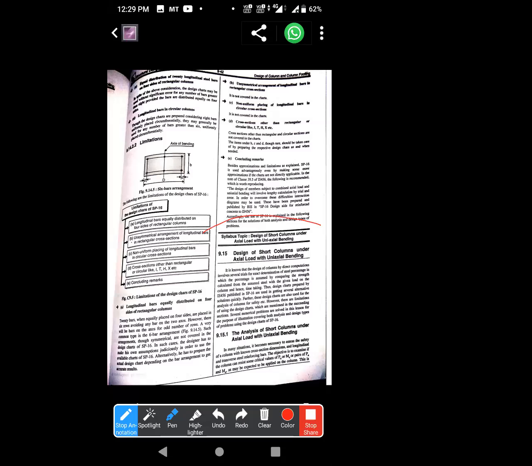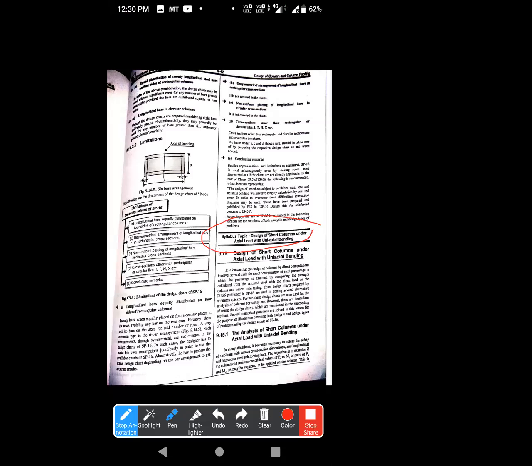Design of short column under axial load with uniaxial bending. See here, now the topic is you have to design a short column under axial load with uniaxial bending. You know that the design of columns by direct calculation involves several trials for exact determination of steel percentage, by comparing the strength calculated from the assumed steel with the given load on the column, and hence it is time taking.